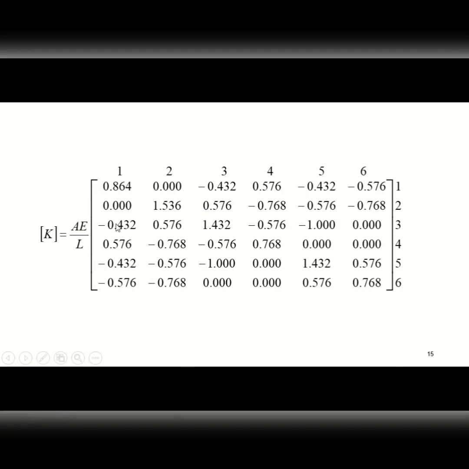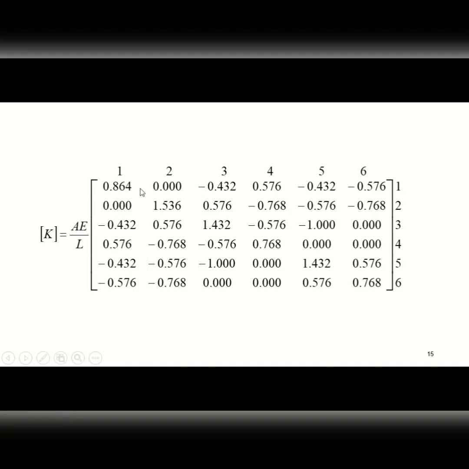How do they come? Initially we see 1 and 1, so you need to see the first column and first row. Here in these 3 terms, where 1 and 1 match, you can add all these 1 values. For example, k1, 1 and 1: here 1 matches at here and this one matches at here, so 0.432.